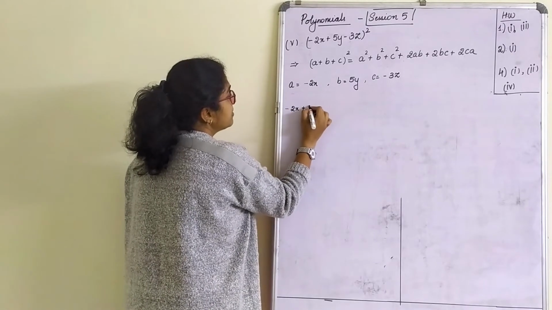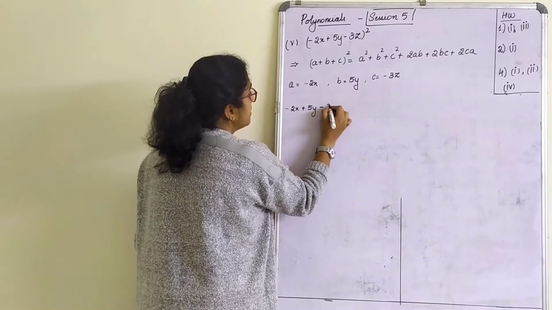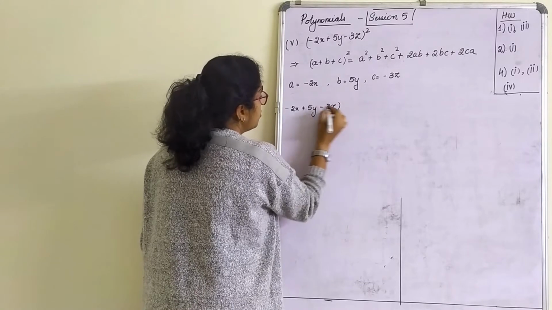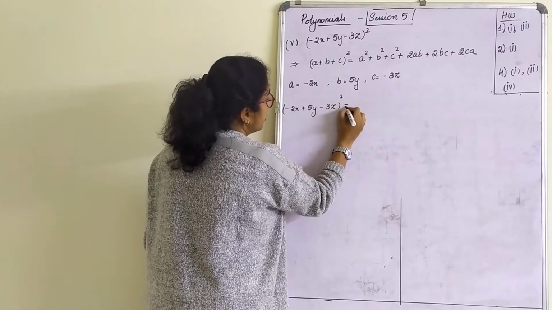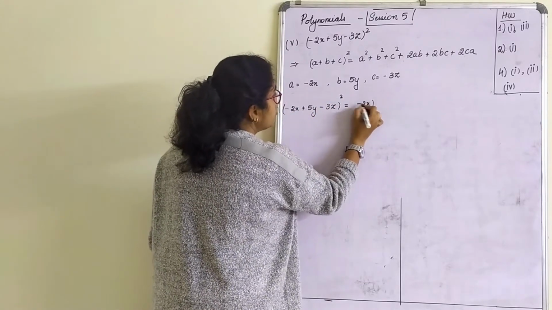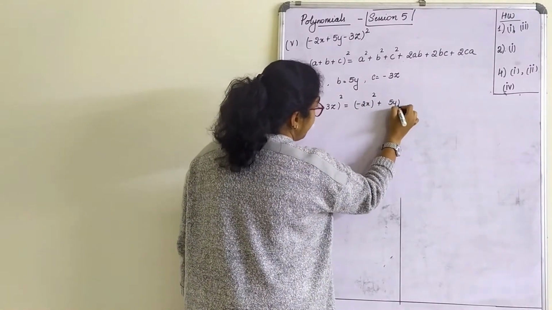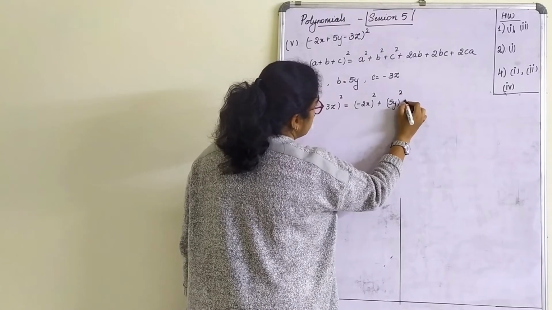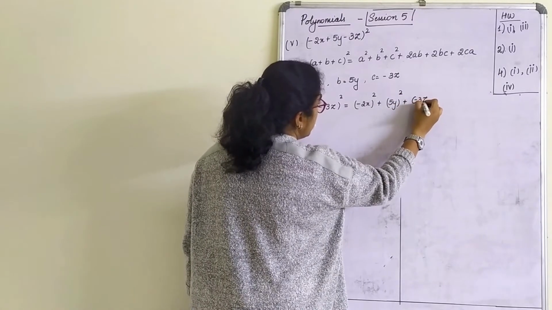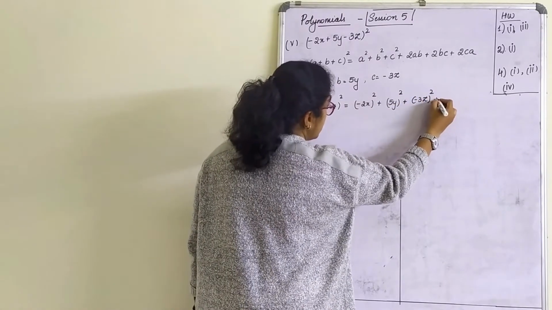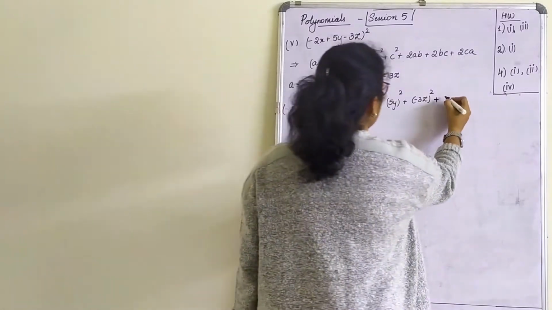Minus 2x plus 5y minus 3z whole square is equal to minus 2x whole square plus 5y whole square plus minus 3z whole square plus 2ab.